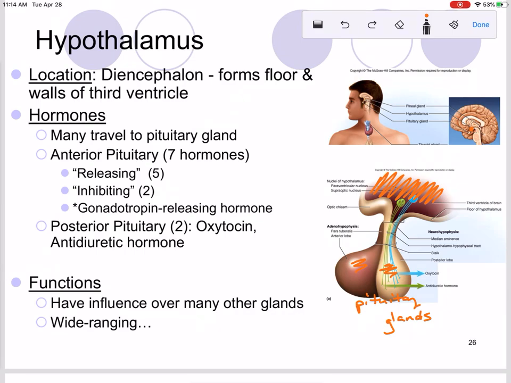And as we said before in the first video, remember, the endocrine system doesn't have one master control center. The nervous system has the brain. What a great master control center. But the endocrine system doesn't have a master control center.